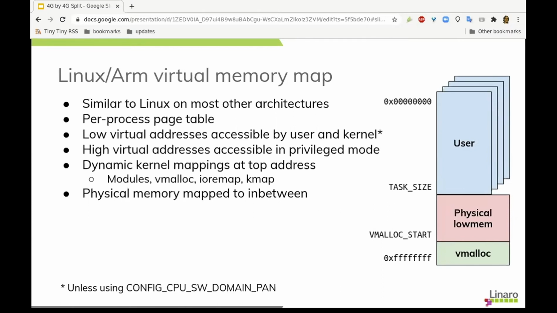And then above task size, we have two main areas. One of them is linear mapping of physical memory, and the other one is what we call the vmalloc zone, where we put everything else that is accessed, that is mapped dynamically at runtime. So that could be loadable modules, or it could be large allocations of non-contiguous memory, anything like that.